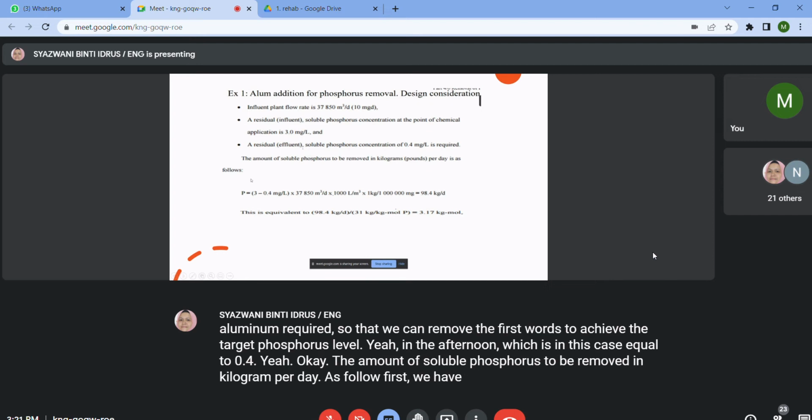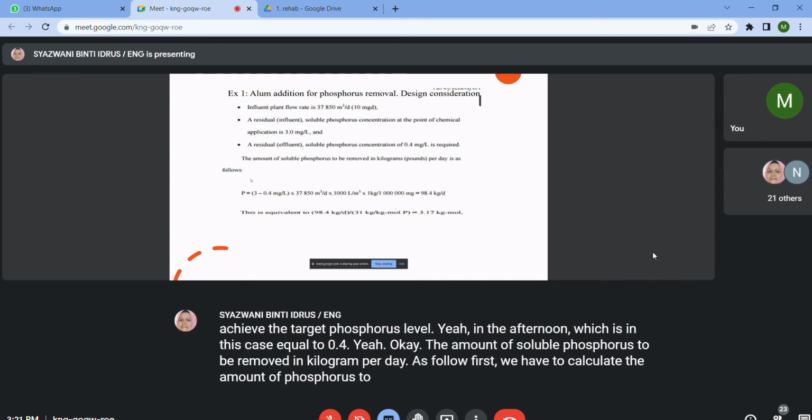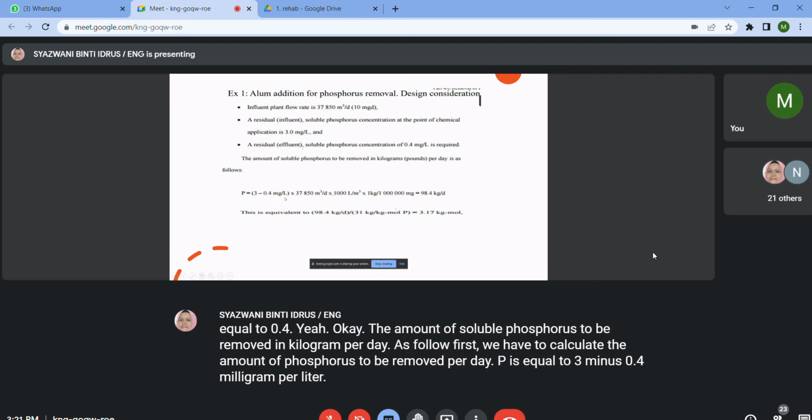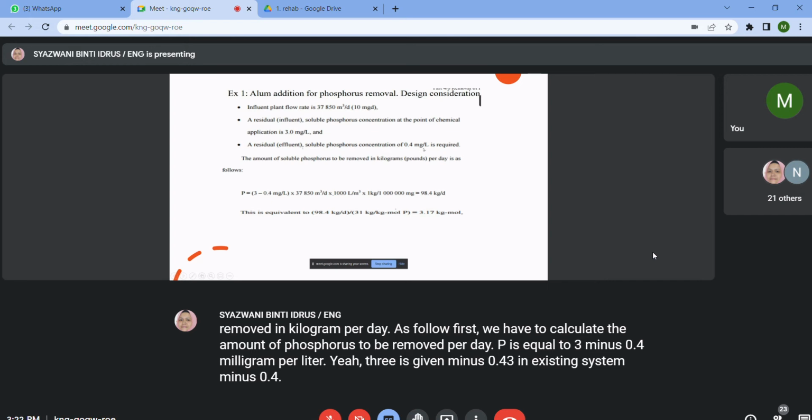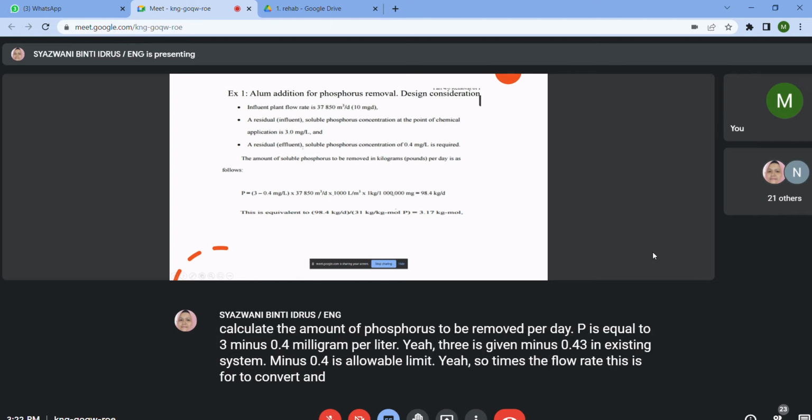Okay, the amount of soluble phosphorus to be removed in kilogram per day is as follows. First, we have to calculate the amount of phosphorus to be removed per day. P is equal to 3 minus 0.4 milligram per liter, where 3 is the existing concentration and 0.4 is the allowable limit, times the flow rate. This is for unit conversion.